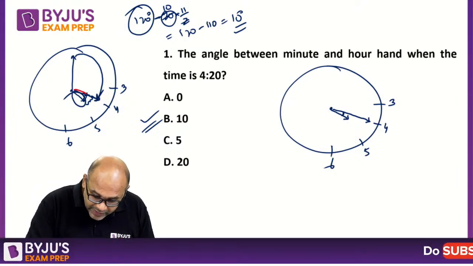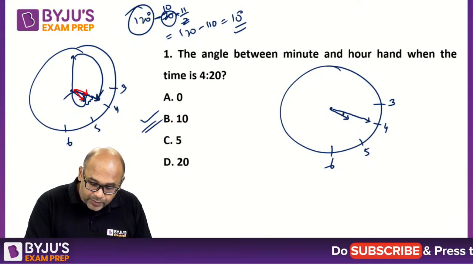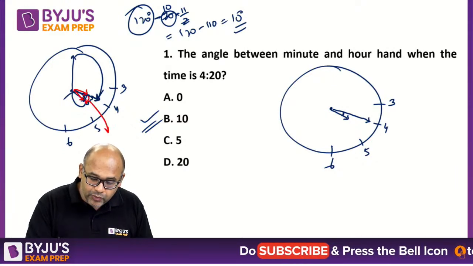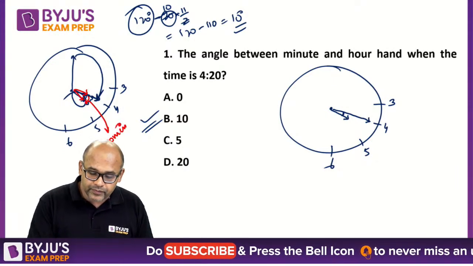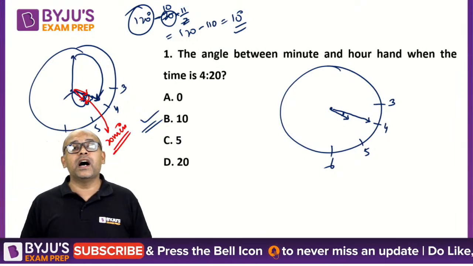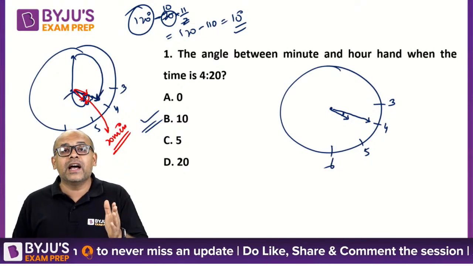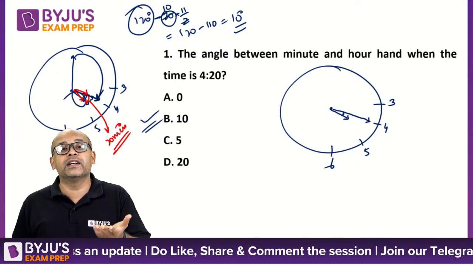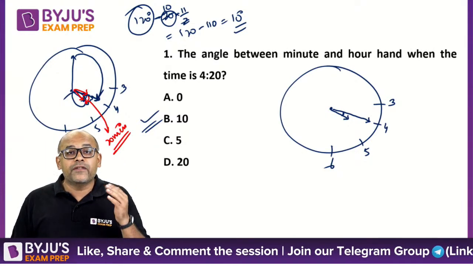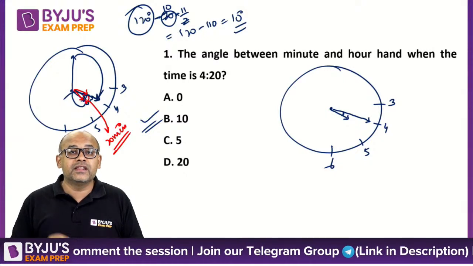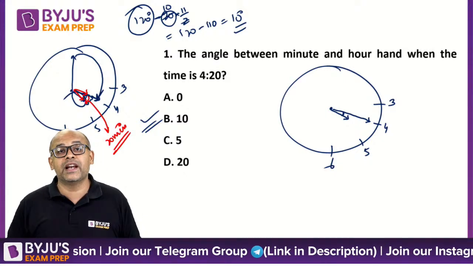If you notice, this was my hour's hand. Now this is the hour's hand. So from here to here, the hour's hand moved in 20 minutes. So how much has the hour's hand moved in 20 minutes? That will be my answer, because my minute's hand is at the place where my hour's hand was earlier. So effectively the difference between them is nothing but how much the hour's hand has moved.